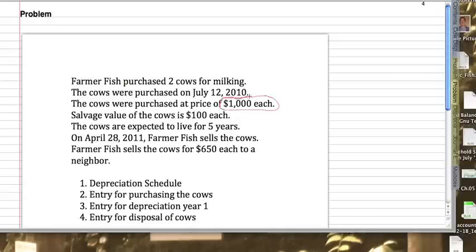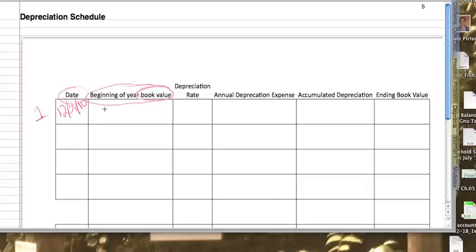That would be pretty critical to find out in regards to the book value. So I paid $1,000 each and I bought 2 cows. So my cost, because there's nothing listed here as far as freight or tax or anything, we can assume that the beginning book value is $2,000. That's the undepreciated portion of the asset. It hasn't been depreciated yet, we just bought it.